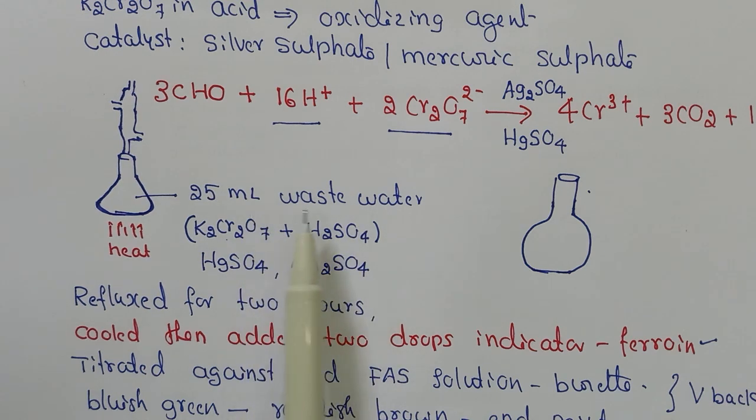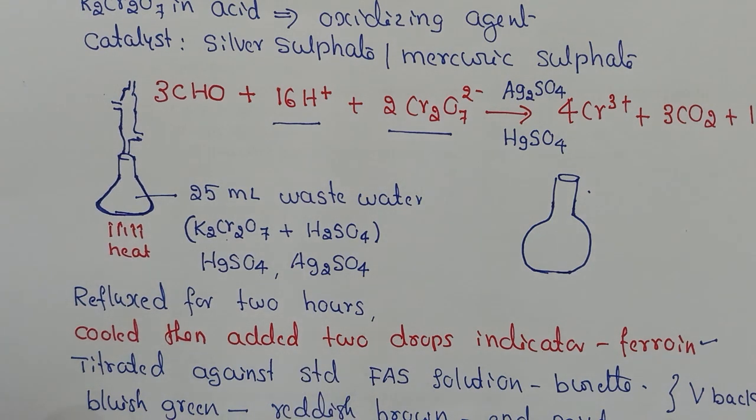So 25 ml of distilled water, potassium dichromate, sulfuric acid, mercuric sulfate, silver sulfate, and refluxing, then cooling, adding indicator ferroin, then titrate against FAS solution. The titer value what we get here is called blank titer value.